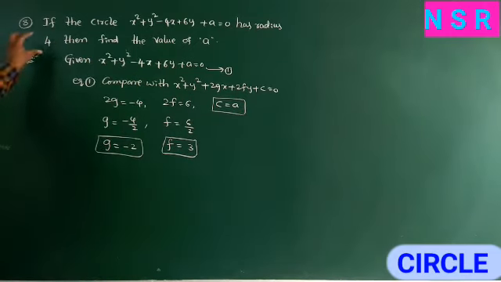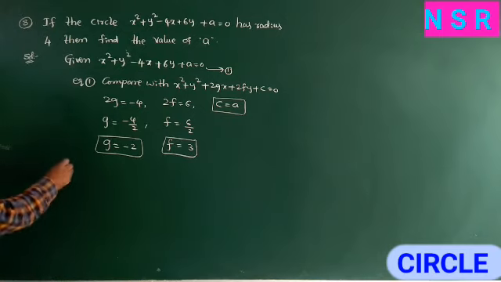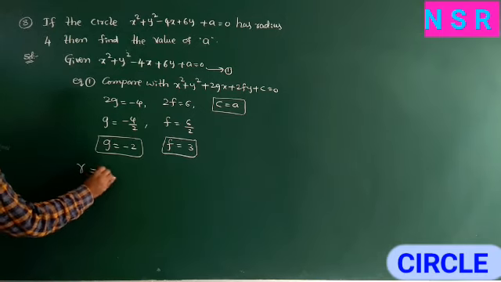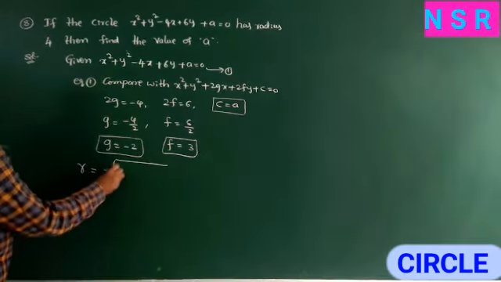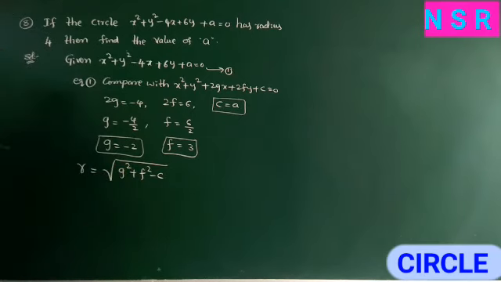Here the radius is given, so we do not need to find the center. Here given the radius value, we have to find the a value. You know the formula of radius: r is equal to square root of g square plus f square minus c. Here the given radius is 4.